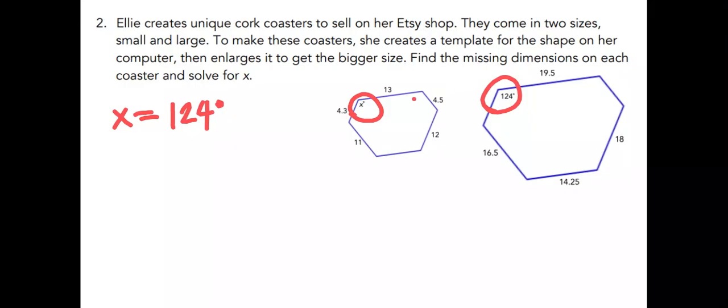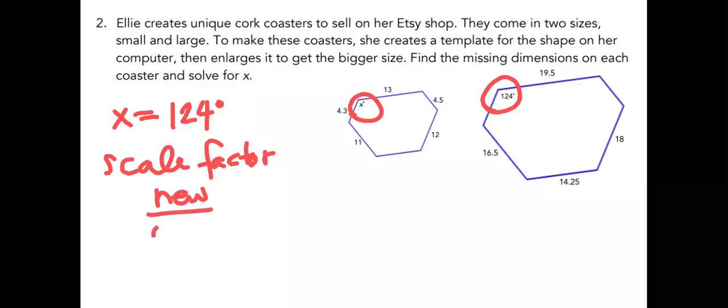Okay, well let's figure out what the scale factor is. So she enlarges it. So this is the new 19.5 and this is the old. All right, so let's figure out the scale factor. New divided by original.